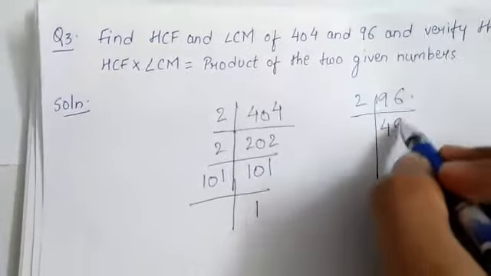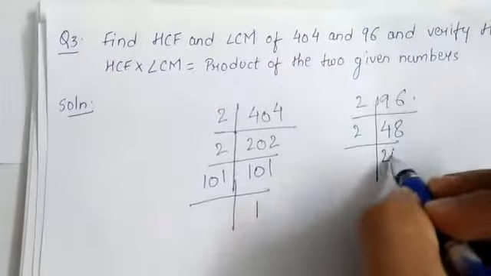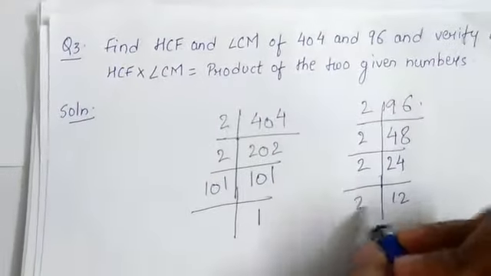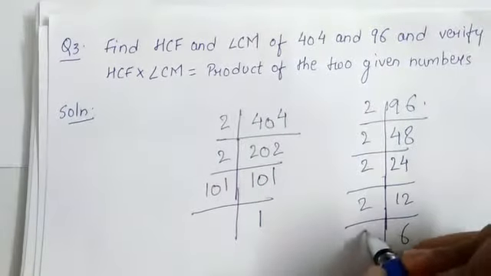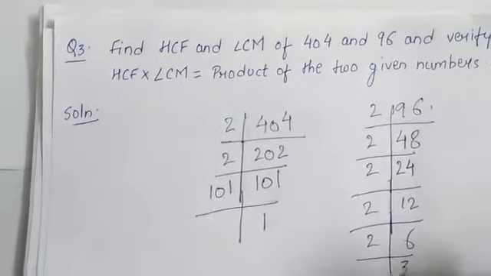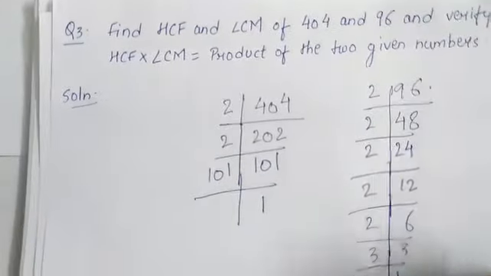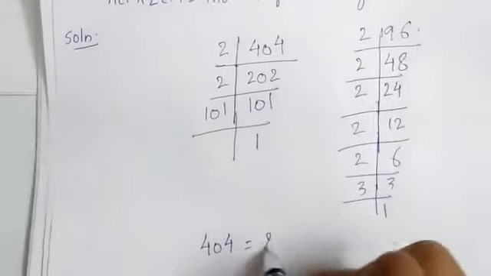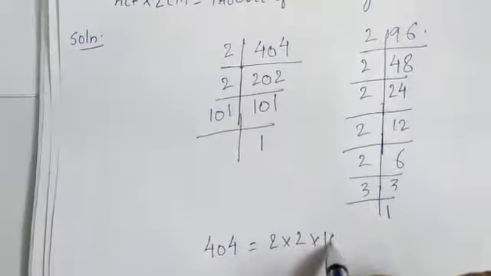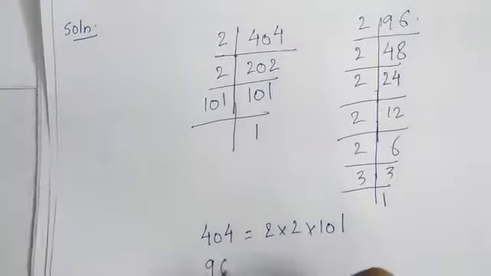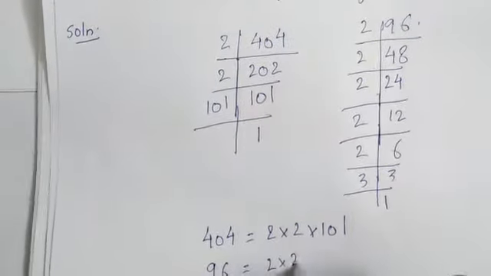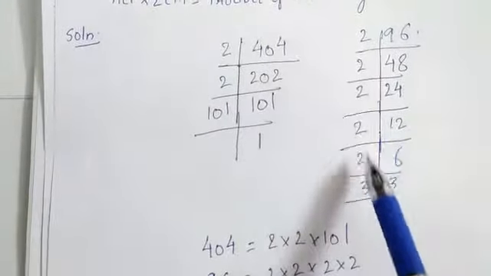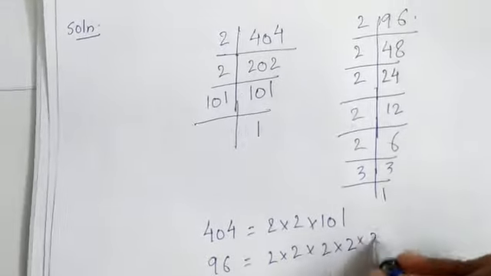Similarly for 96: 24, 12, 6, 3 and 1. So if we note down the factors, 404 is 2 into 2 into 101, and 96 is 2 into 2 into 2 into 2 into 2 into 3.